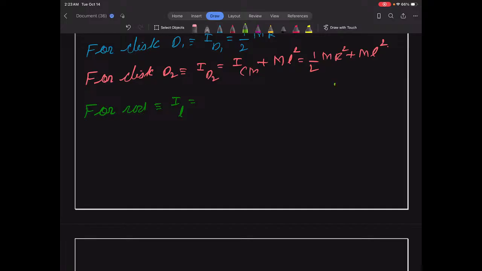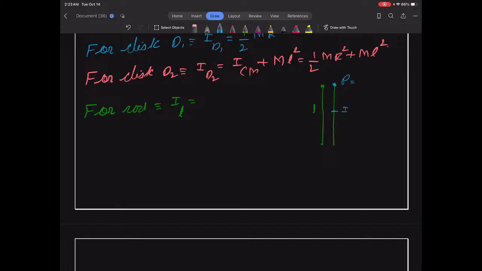Let me first of all draw the rod. So we have the rod, its length is L, and we have to find out the moment of inertia at the point which is at the extreme of the rod. We can write the formula directly, or we can use the standard one. First of all, find out the center of mass, and then use the parallel axis theorem and shift it to point P. Either way, we are going to get the same answer.